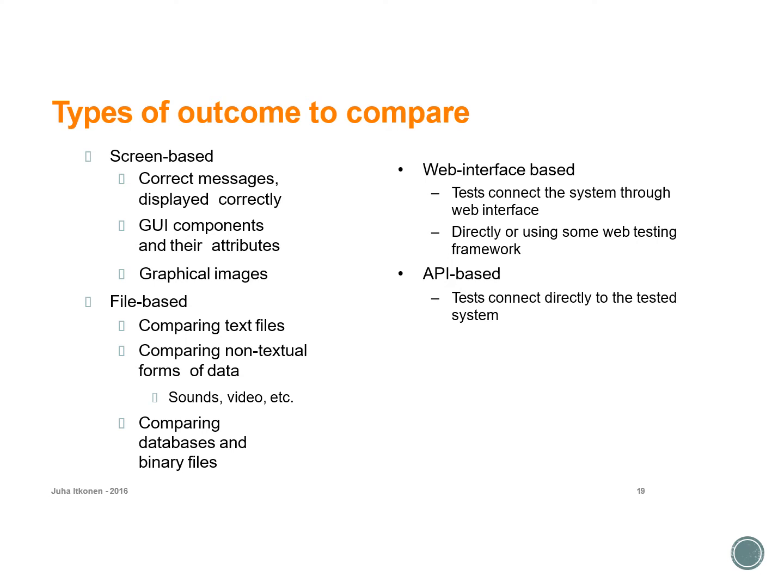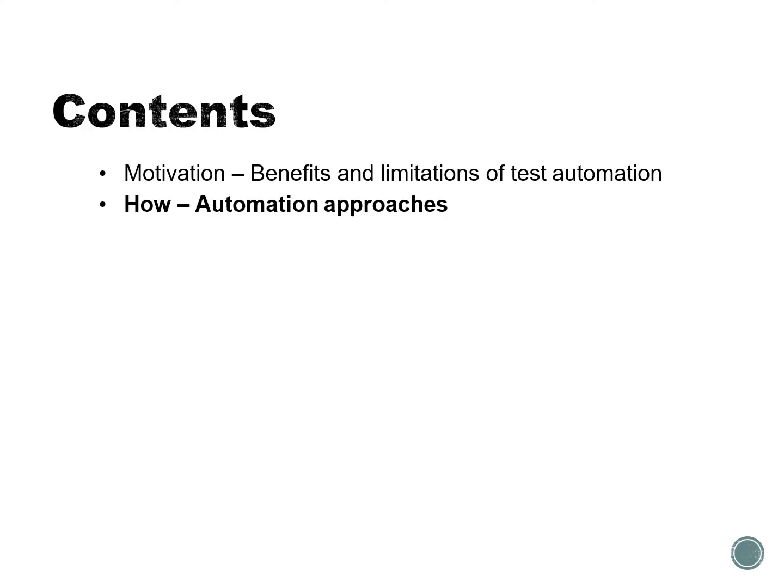Because if you can check all these, then you more or less know that it's probably going to work in the end, if you manage to configure your system properly. And of course, based on this, there are different types of approaches. And if we want to measure different things and have different levels of sophistication, we have different types of approaches.